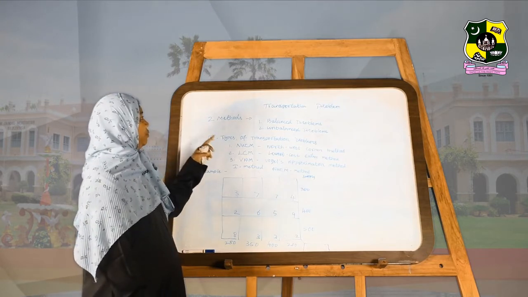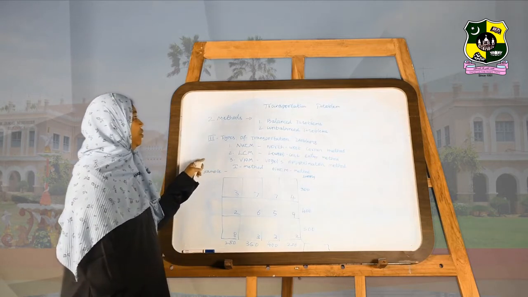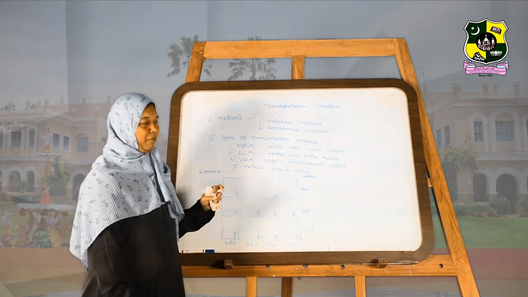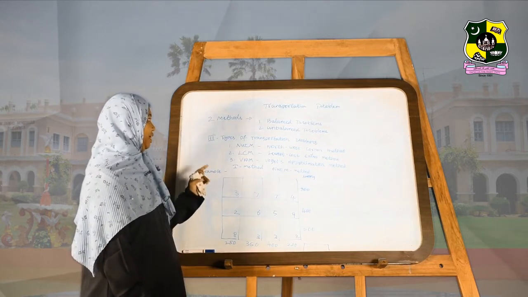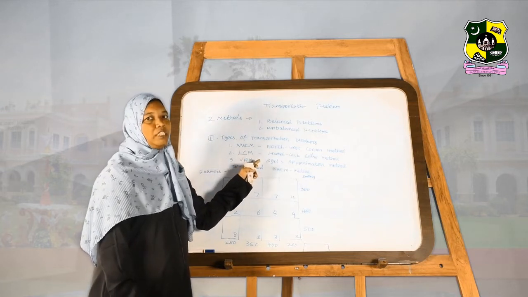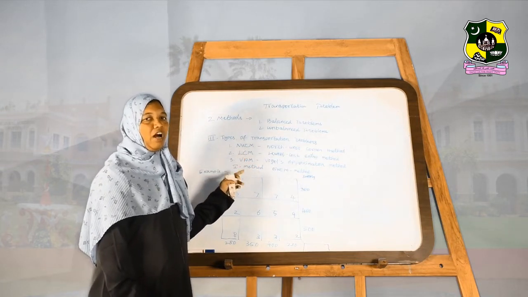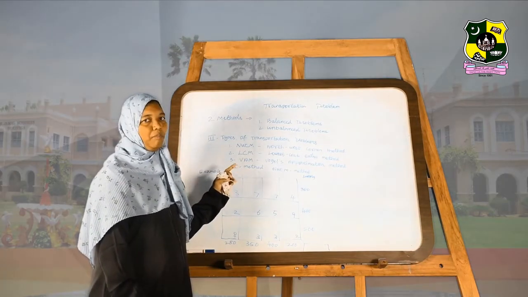First, I have explained the balanced problem. In the balanced problem, the transportation problem has three methods. First is the north-west corner method, simply called the NWCM method. Second is the LCM method, the lowest cost entry method, or least cost method, or matrix minima method.